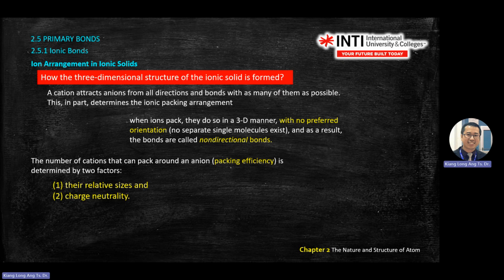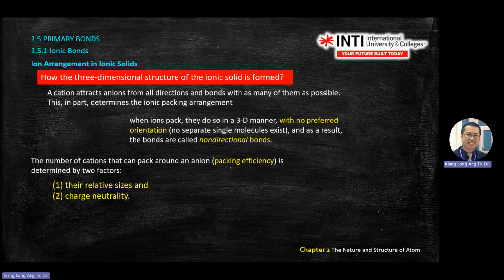Okay. So you'll be seeing in the middle later, this is anion. Anion is negative charge. You will see this is positive charge. Let's say it's surrounded by 4. Then we'll give one number to this kind of configuration.